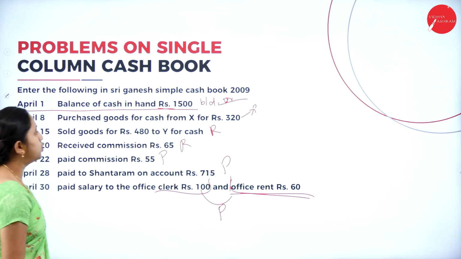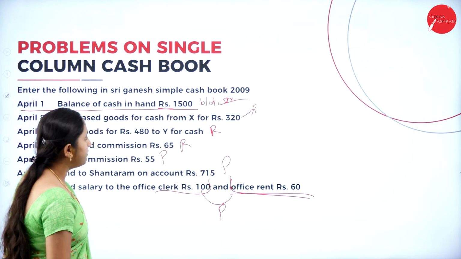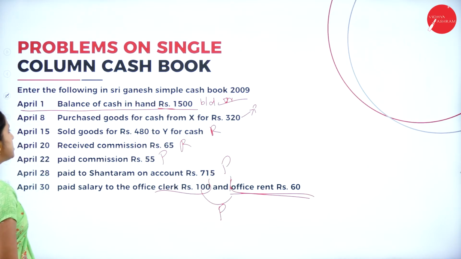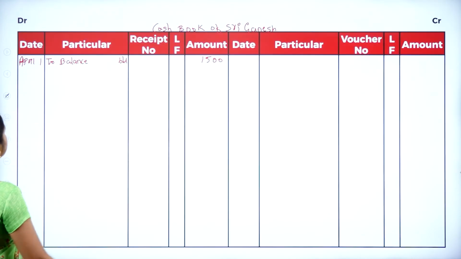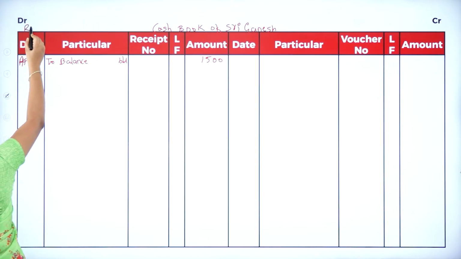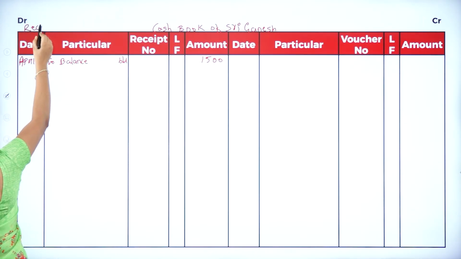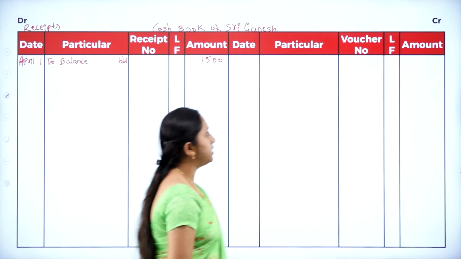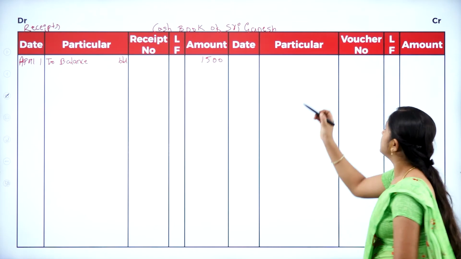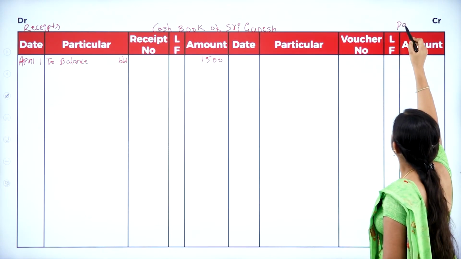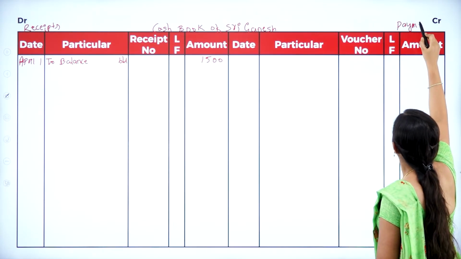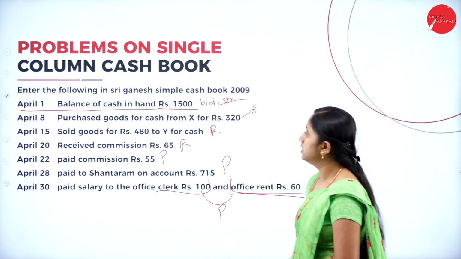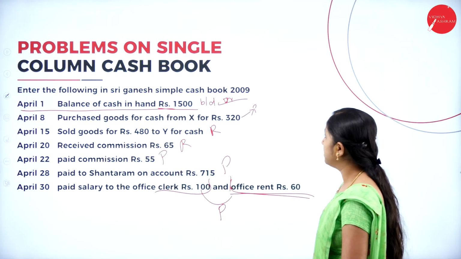Next, purchase goods for cash from X for rupees 320. So purchase, this is the payment. Here you will record all the receipts on the debit side and payments in the credit side. Purchase is a payment. Write in the payment side.